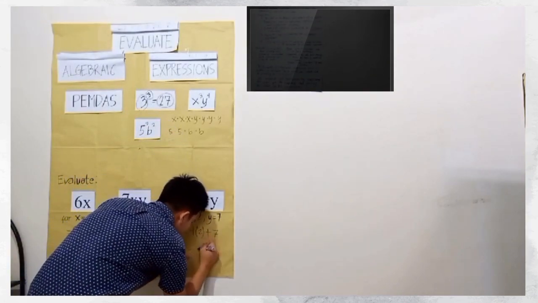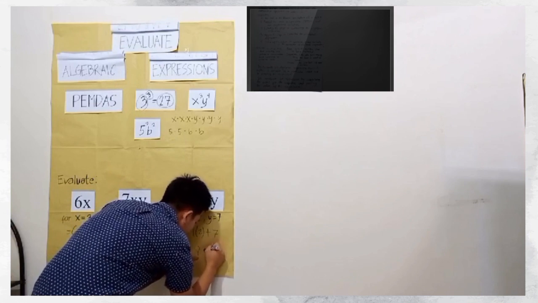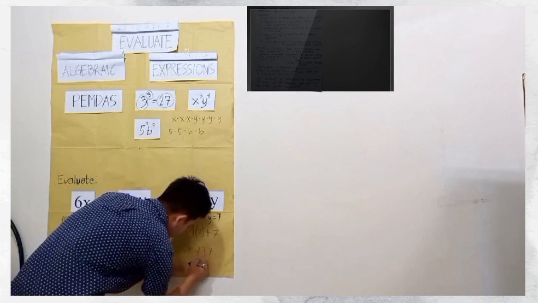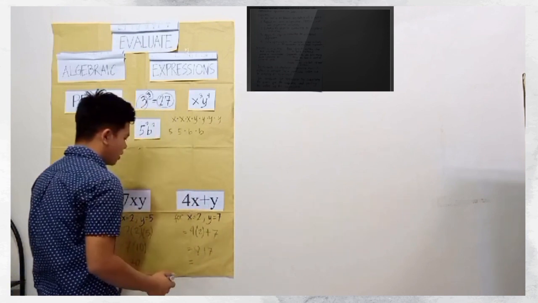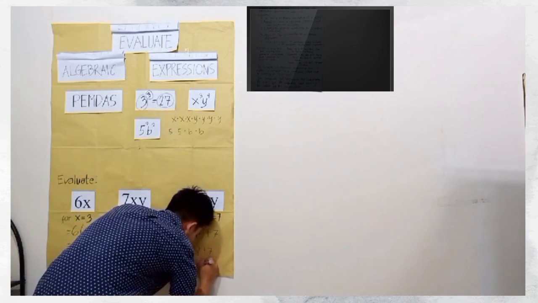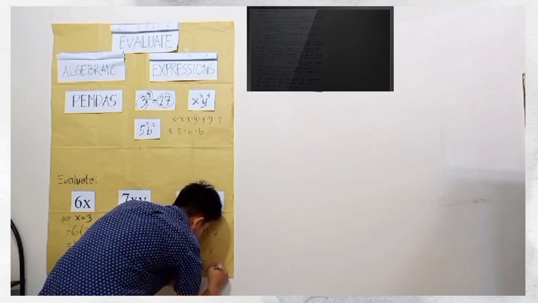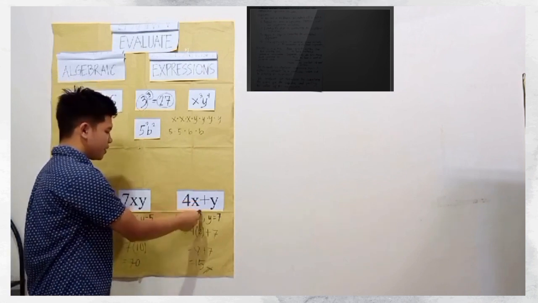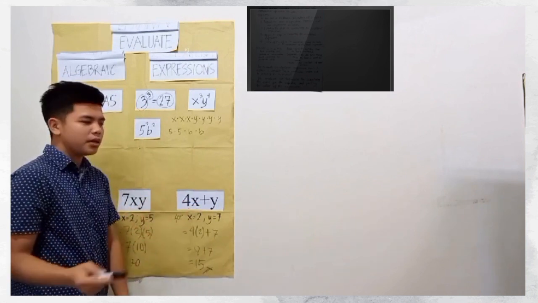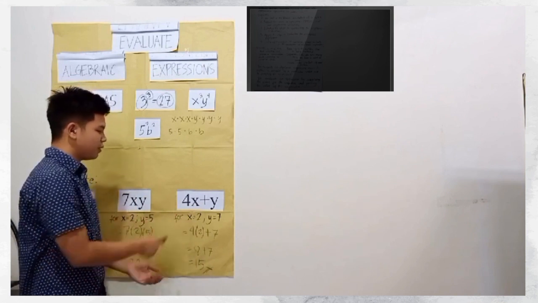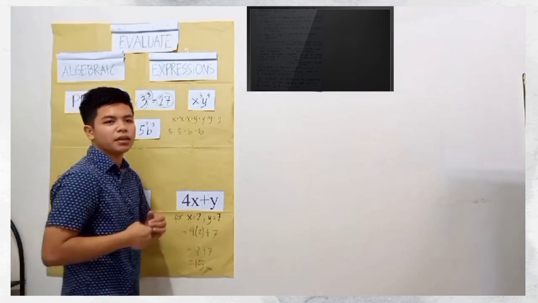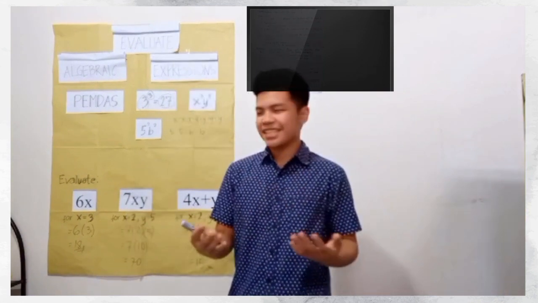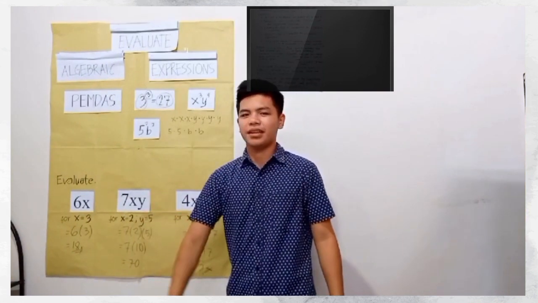So 4 times 2 is equal to 8. And copy 7, 8 plus 7 is equal to 15. So 15 is the answer for this algebraic expression 4x plus y, given that x is equal to 2 and y is equal to 7. So that is how, as simple as that, we evaluate an expression.